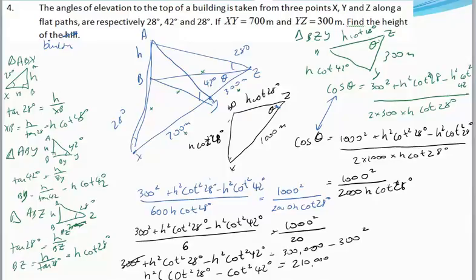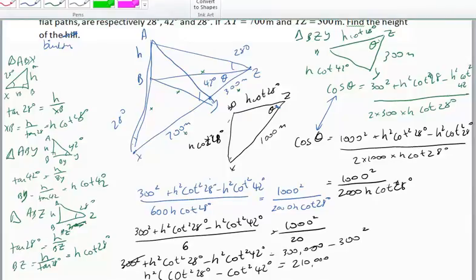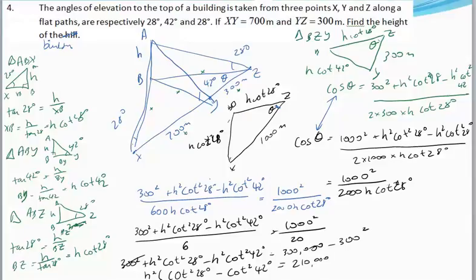So H squared is equal to all of that. We can skip a step here: H is the square root of 210,000 divided by cot squared 28 minus cot squared 42. So our H is 301.9 meters, or 302 meters to the nearest meter.